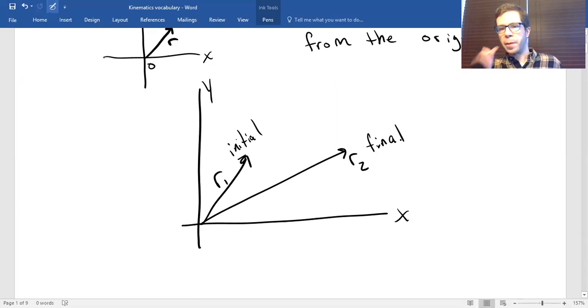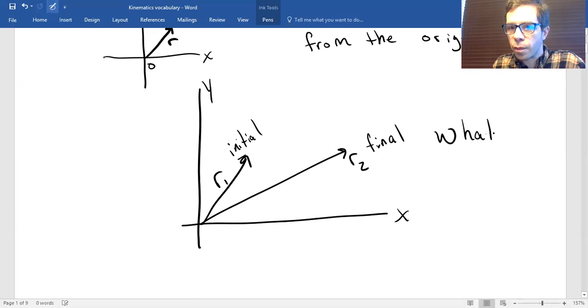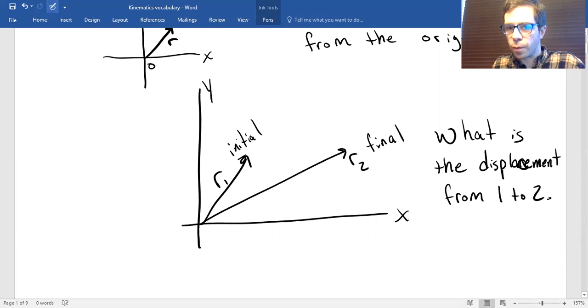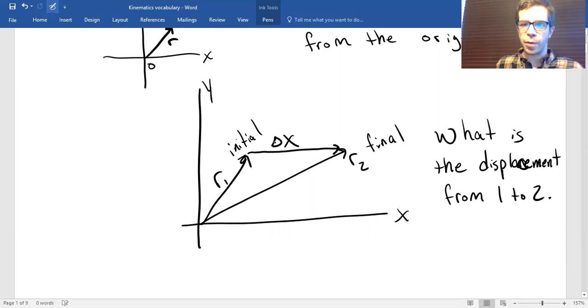And we want to talk about what is the displacement from 1 to 2, where our positions are described by R1 and R2. All right, so I said from 1 to 2, so I'm going to draw my arrow here, and I'm going to call it delta x for displacement.